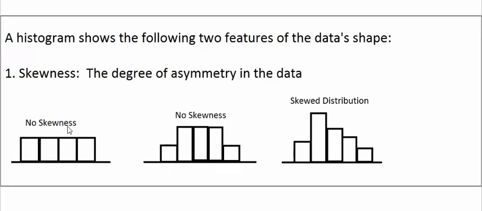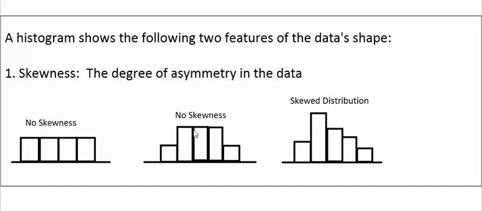So if you look at this first graph, which is flat, and imagine that it's made out of paper, and you folded it so that the right half would meet up with the left half, it would fold over really nicely, just like a birthday card would fold over. So this is symmetrical and it has no skewness.